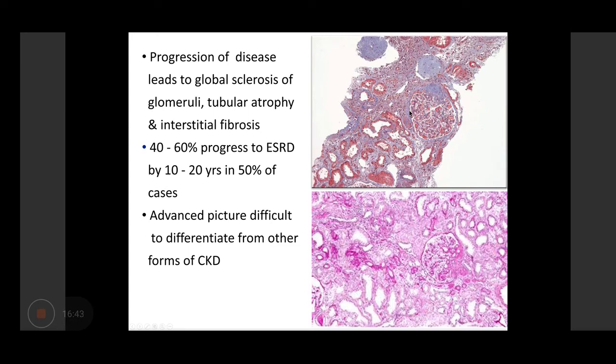So therefore, this disease is inexorable and it keeps on gradually progressing with passage of time. As more and more glomeruli get sclerosed, their associated tubules also get atrophied, and there is deposition of collagen in the interstitium. So thus, this disease process keeps on going until eventually the patient develops end-stage renal disease in a period of about 10 to 20 years in at least 50% of the cases.